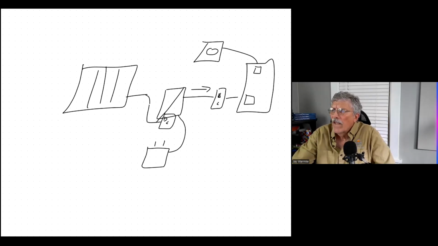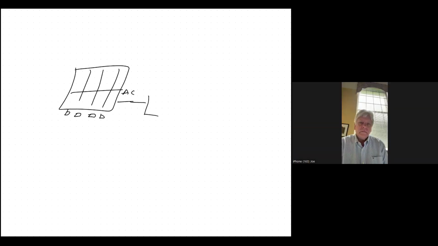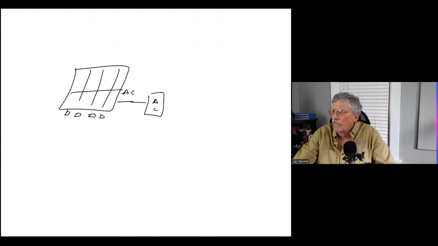But if I have, say, a microinverter system, and I've got all my little microinverters up here, and they're already generating AC electricity, well, it's going to go, for simplicity's sake, to a combiner box.